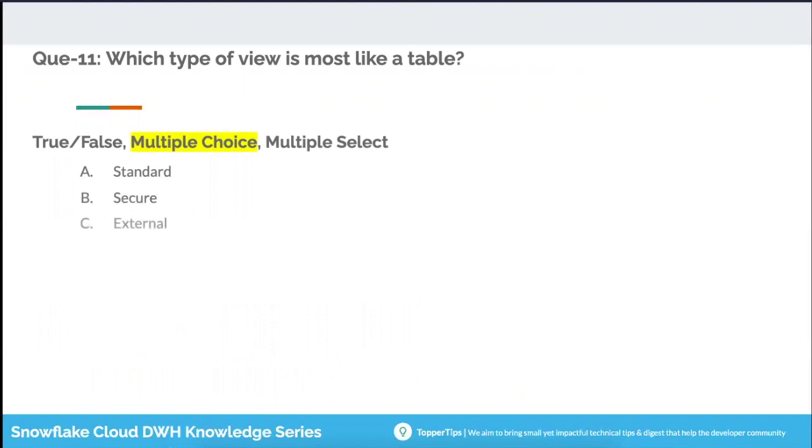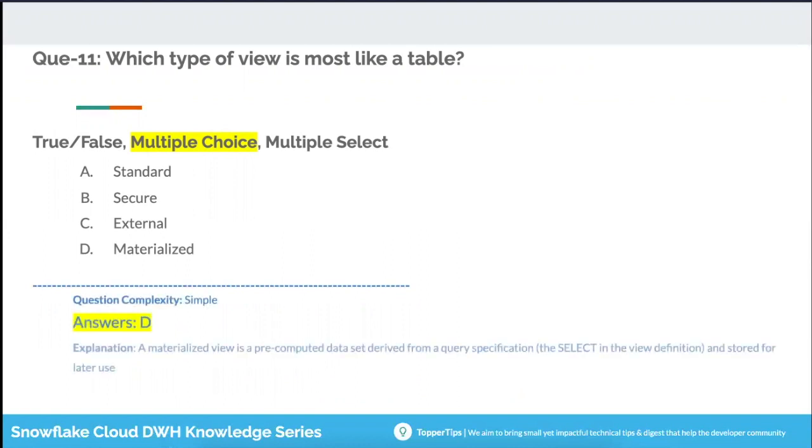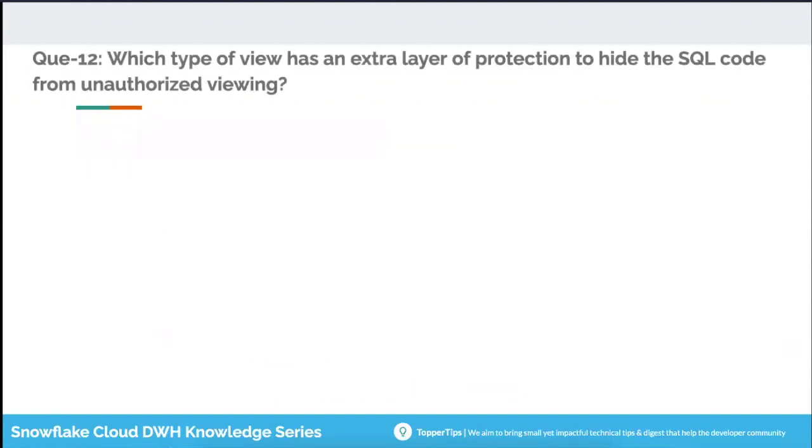Question number 11, which type of view is most like a table? Question number 12, which type of view has an extra layer of protection to hide the SQL code from unauthorized viewing?